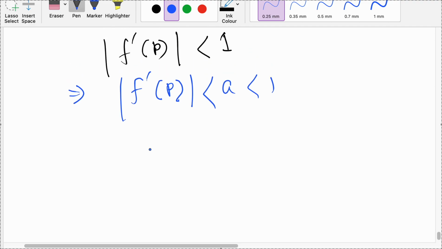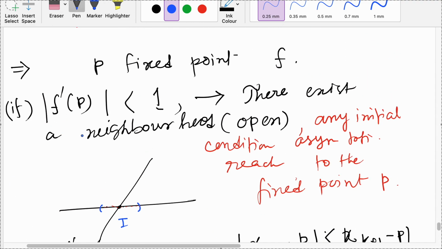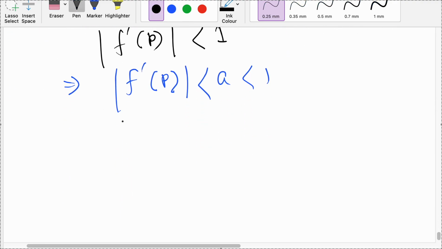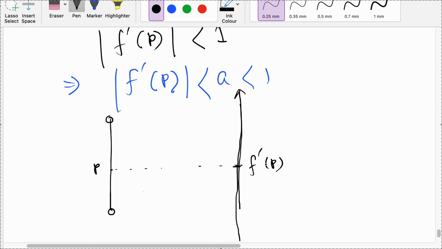Another thing is that we have to prove there exists an interval I, and we can prove that from a theorem of limits. Suppose this is the open interval around p, and this is the function value f'(p). Since |f'(p)| is less than 1, f'(p) should be greater than -1 and less than a.